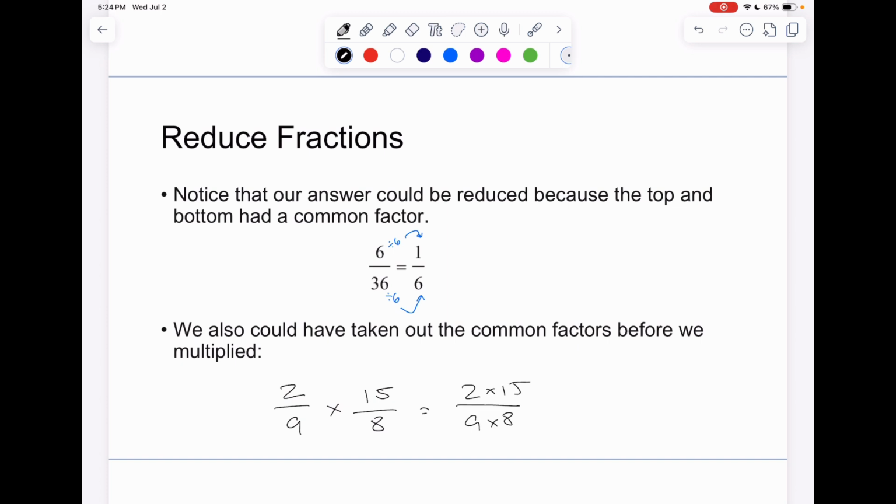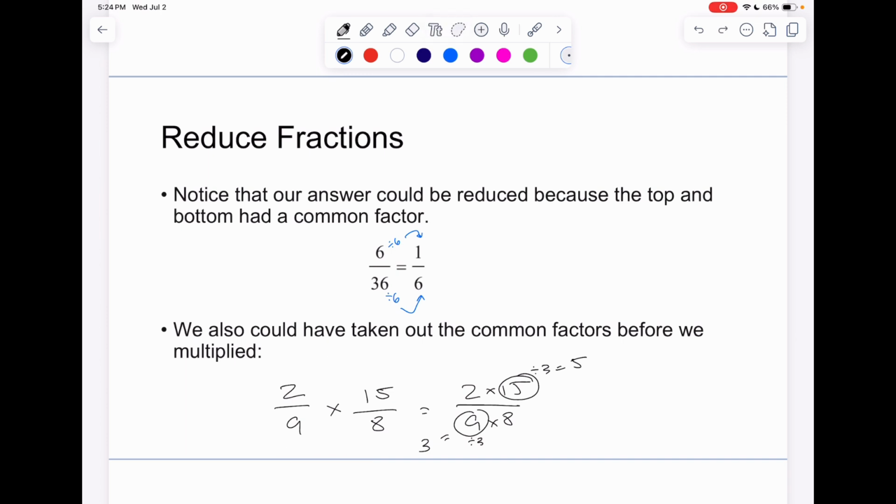If I have something that's a factor of the whole numerator and something that's a factor of the whole denominator, I can cancel them out to reduce. So 15 and 9 have a common factor of 3. I could divide them both by 3, right? That would give me 5 here, and that would give me 3 here. Okay, but I could actually do that at this stage over here.